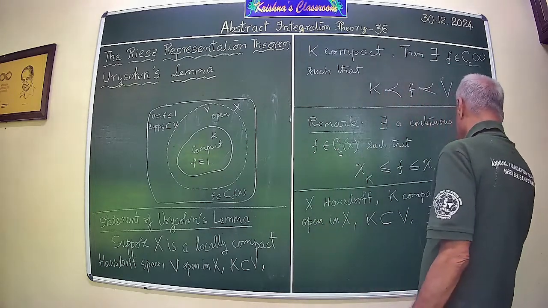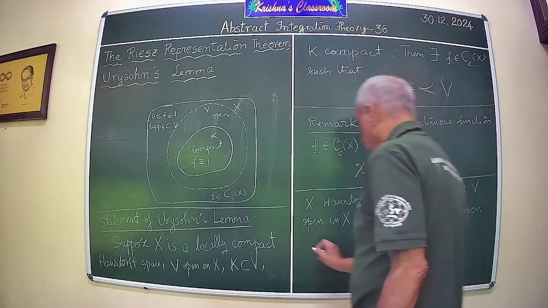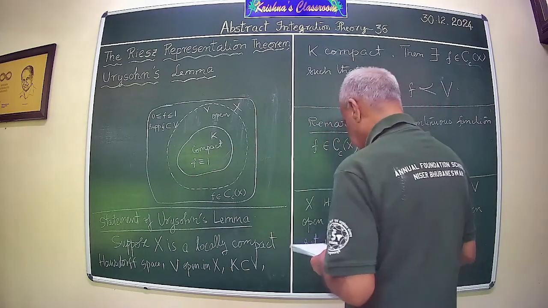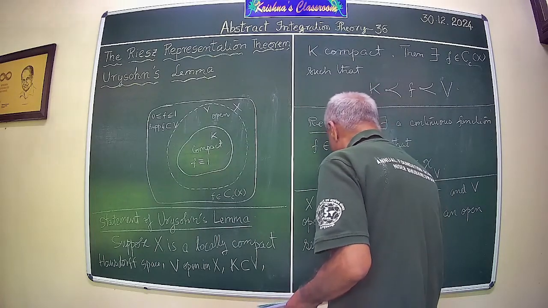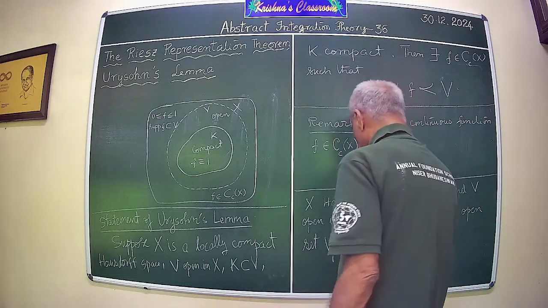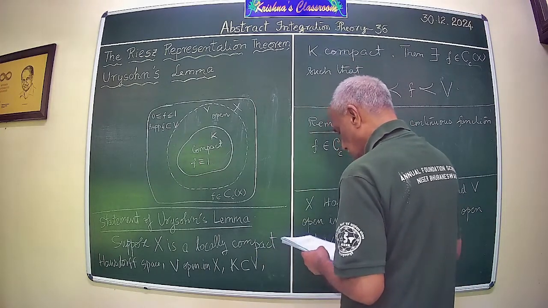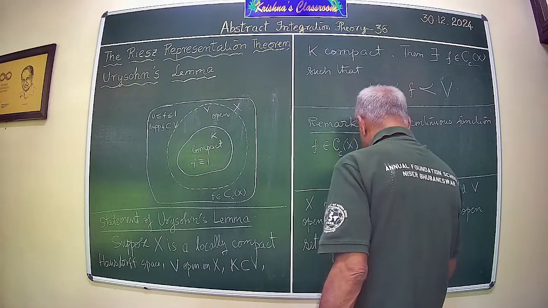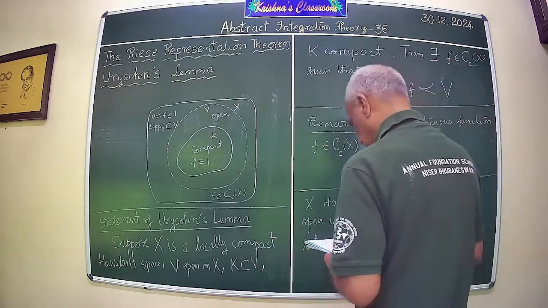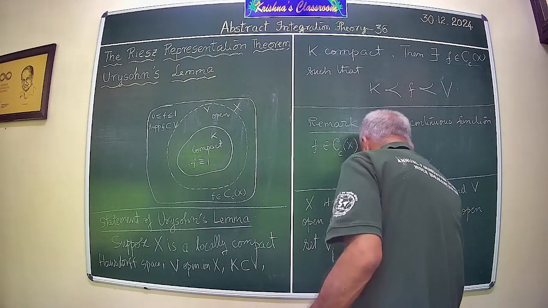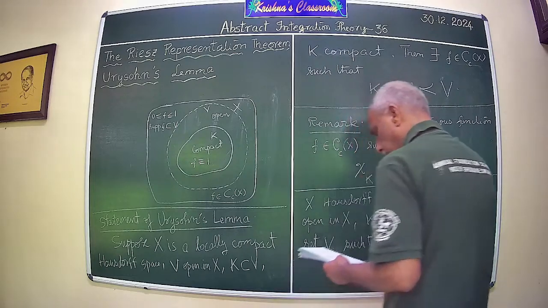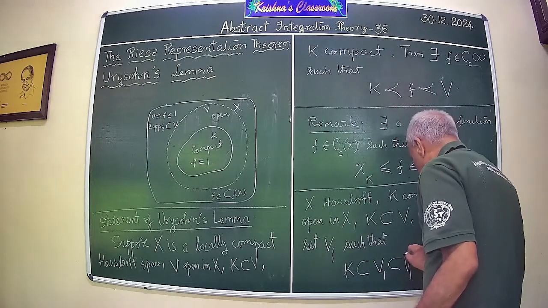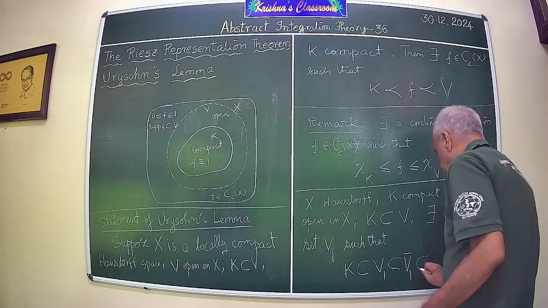There exists an open set V1 such that K is contained in the open set V1, which is contained in the closure of V1, and that is contained in V. Now this we have proved.